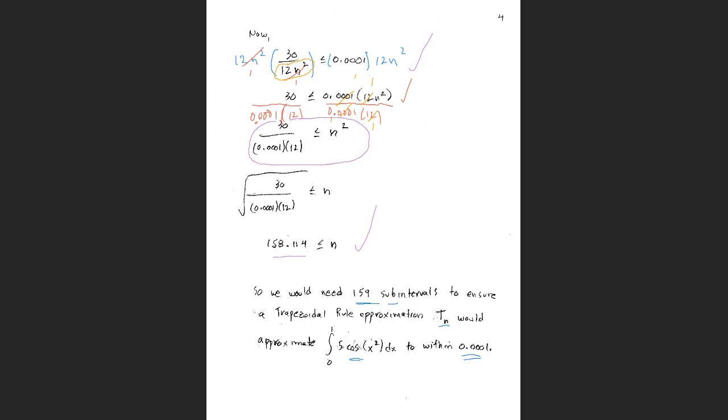All right, so how many of you like section 5.9? I think it's pretty cool, working with these error bounds for these numerical approximation formulas. Uh-oh, I'm not getting too many positive responses.